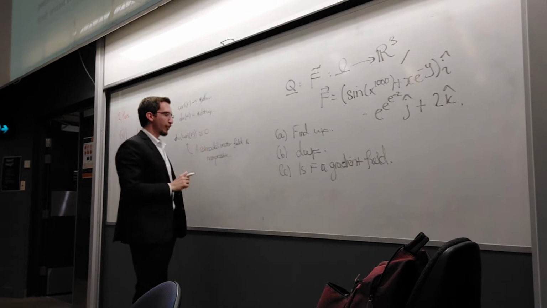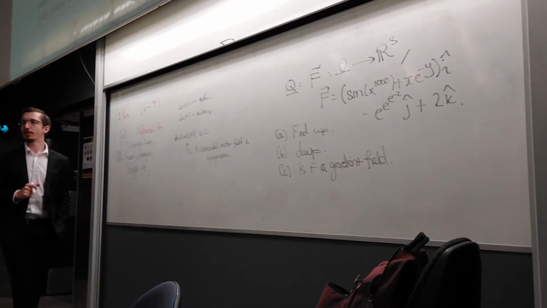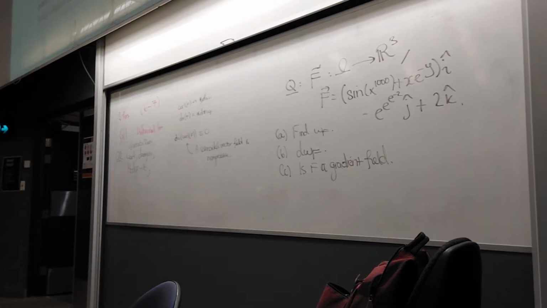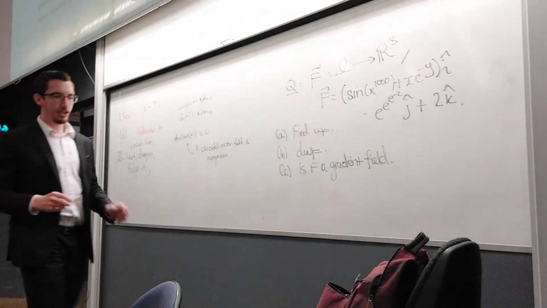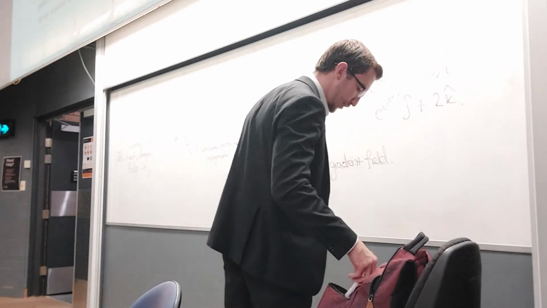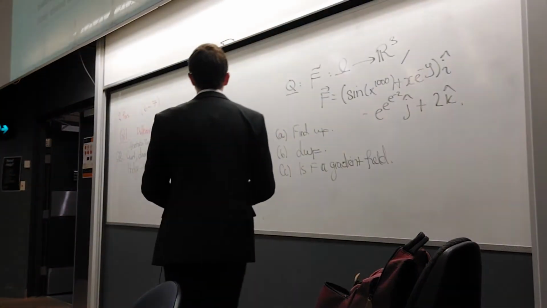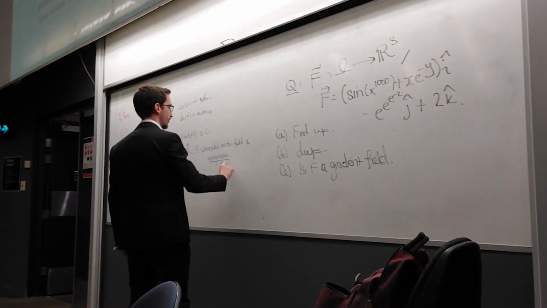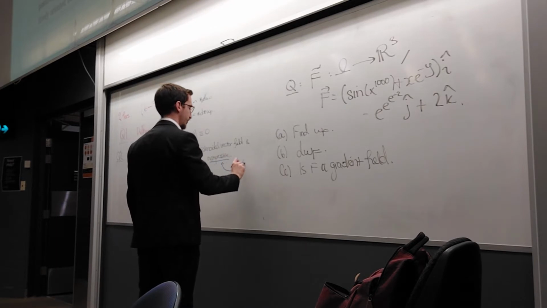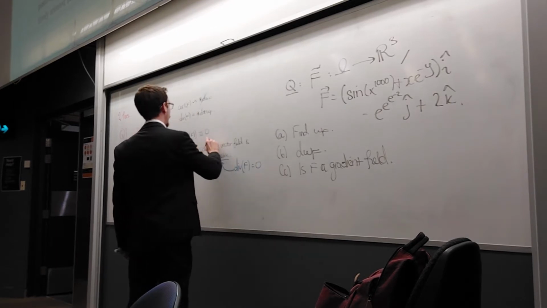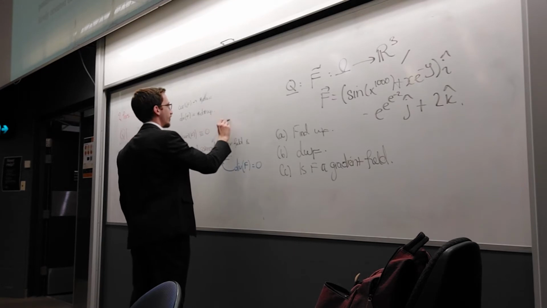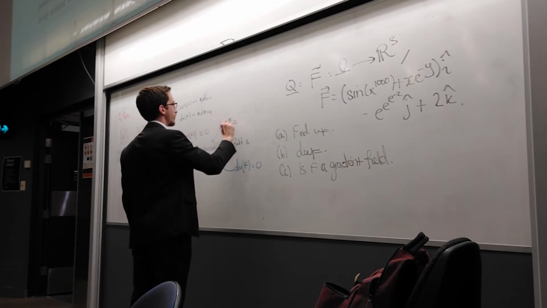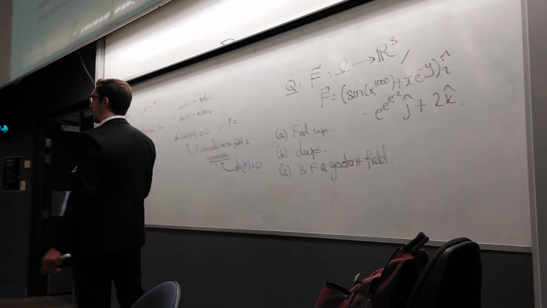If you don't know what incompressible means, that's going to be unfortunate. Incompressible means the divergence vanishes. Solenoidal means it's written as the curl of another vector.